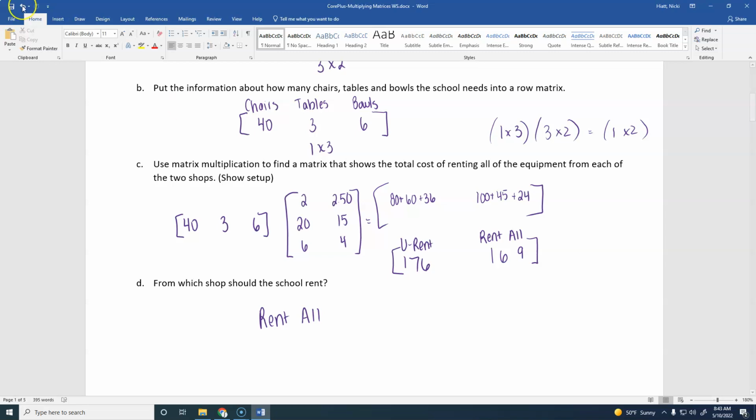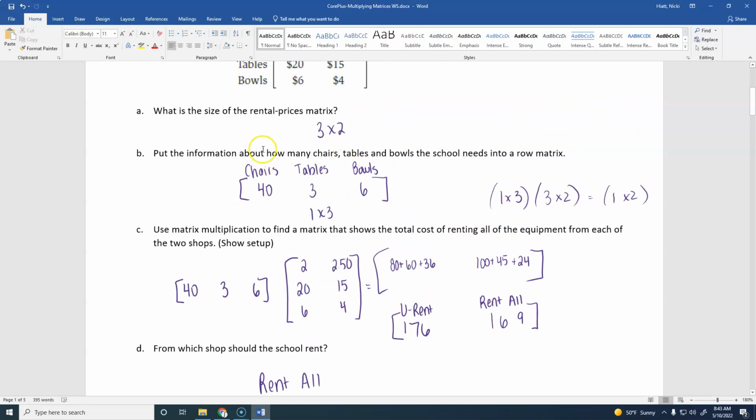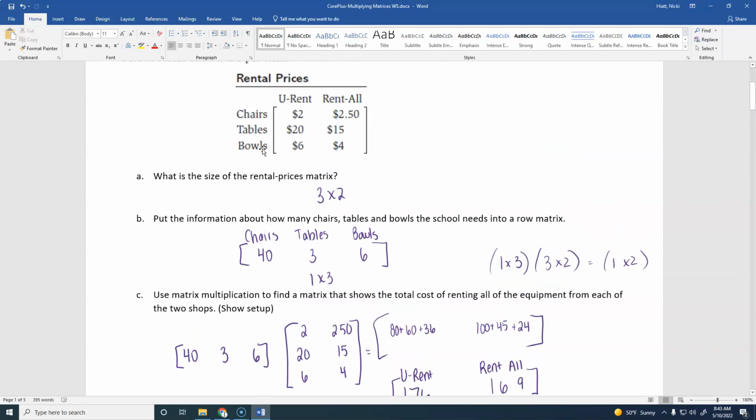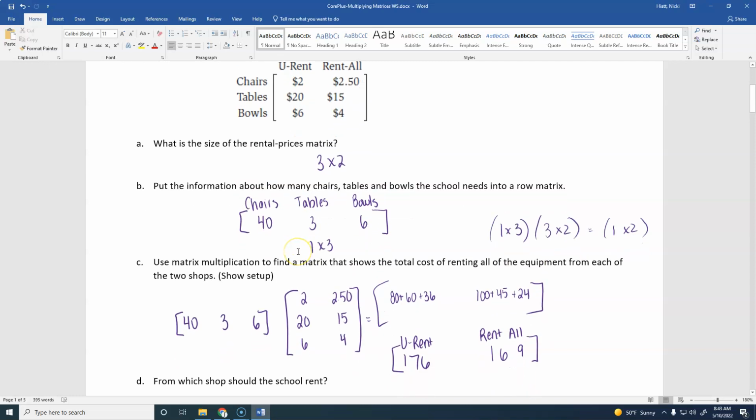Now, of course, we could have done that just by typing this into the calculator as well. But what I want us to notice here is that here I had chairs, tables, and bowls, whereas over here I had chairs, tables, and bowls.